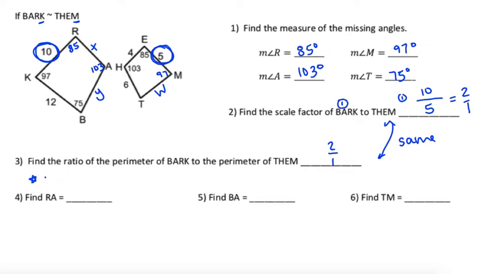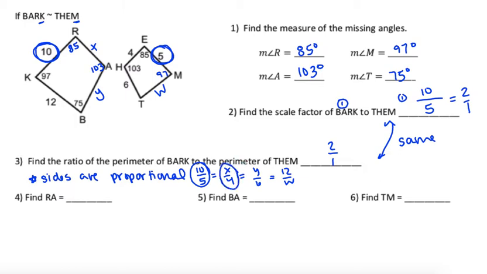4, 5, and 6 are asking about sides, which are proportional. So I'm going to use parts of our statement: 10 goes with 5 the same way that X goes with 4, the same way that Y goes with 6, the same way that 12 goes with W. I'm just going to pick that 10 and 5 to find R to A, which is the X with 4.